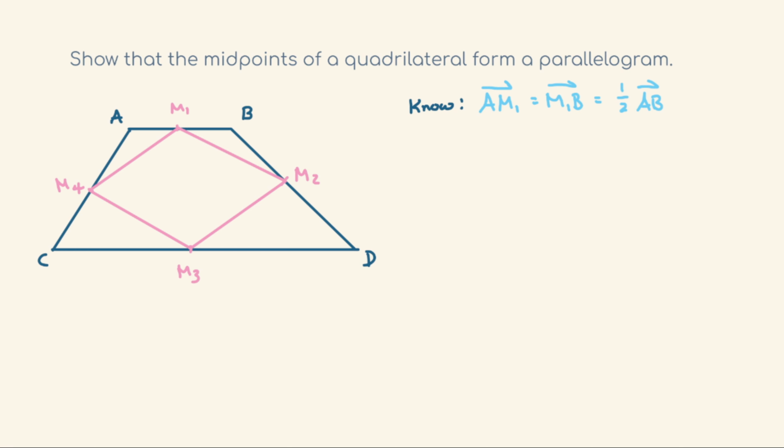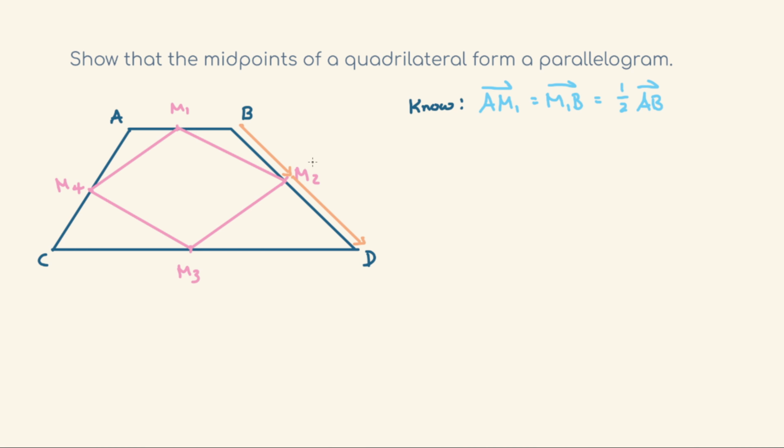Now, we could do something very similar for the other three sides. So for example, the vector from B to M2, let's draw that out real quick. This vector is going to be the same in terms of length or magnitude and direction as this vector right here. It doesn't look exactly the same in this diagram, but it's approximately the same.